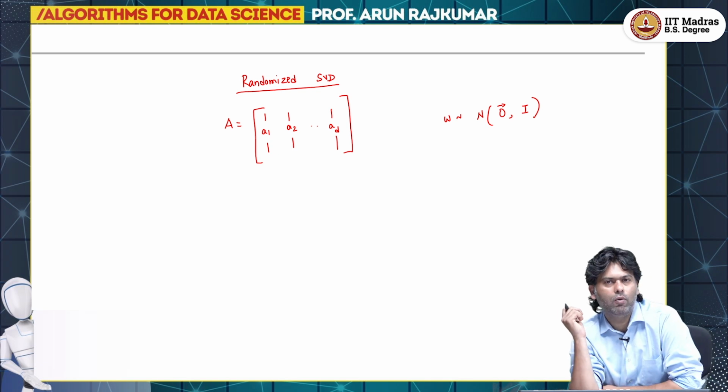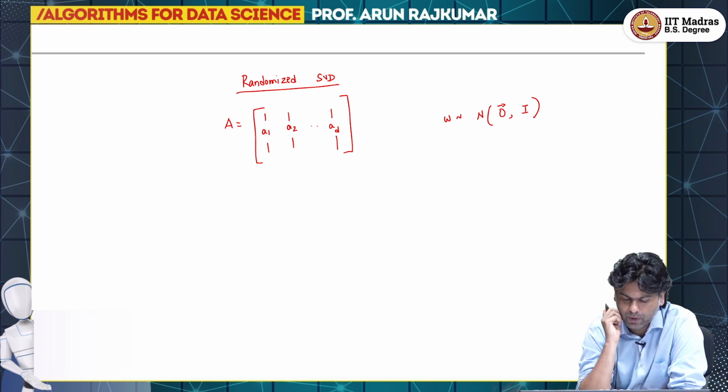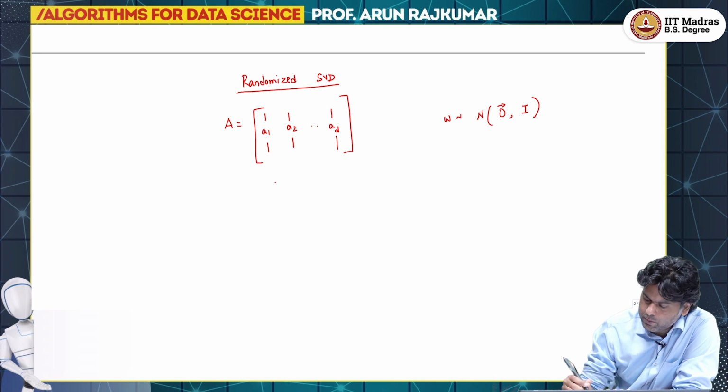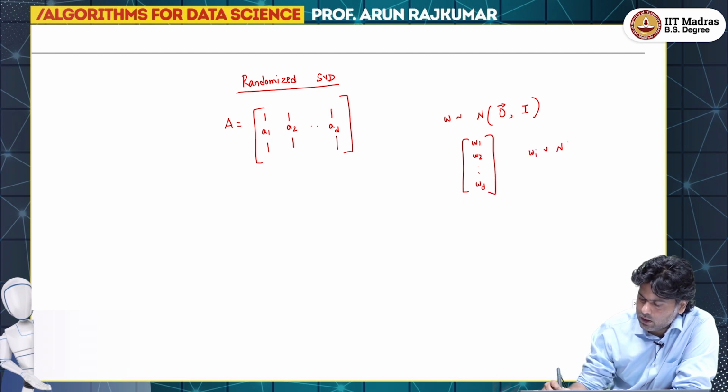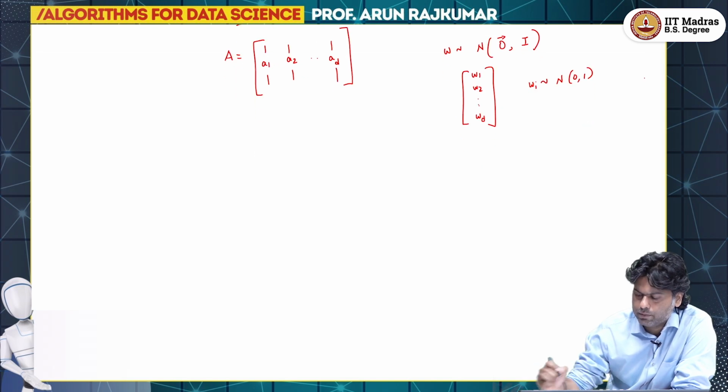Which means that you have omega 1, omega 2 till omega d, where each of these is Gaussian with zero mean and variance 1.